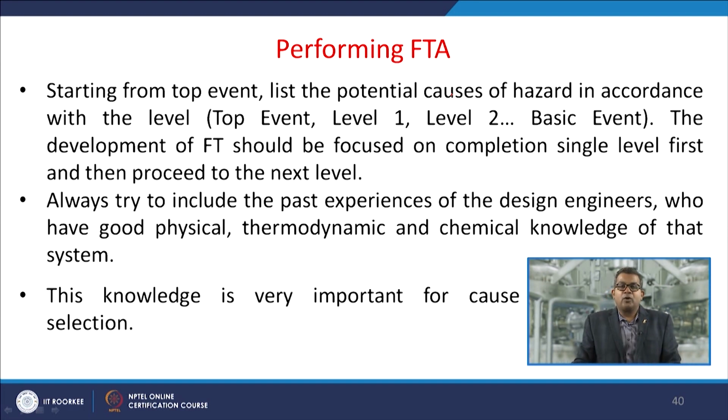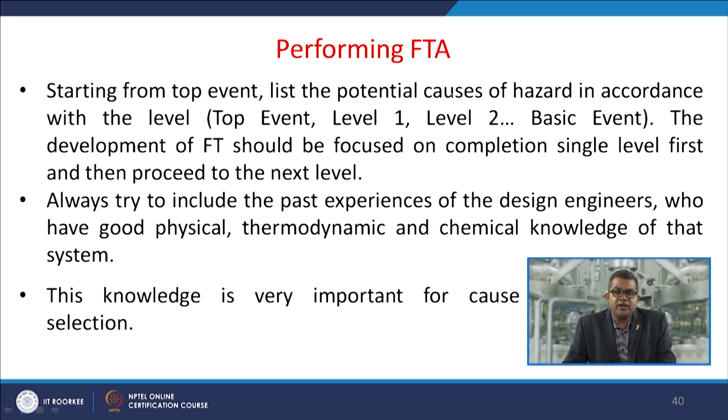Then, starting from the top event, list the potential causes of the hazard in accordance with the level, that is the top level, level 1, 2, 3 to the basic event. The development of the fault tree should focus on completion of a single level first and then proceed to the next level.